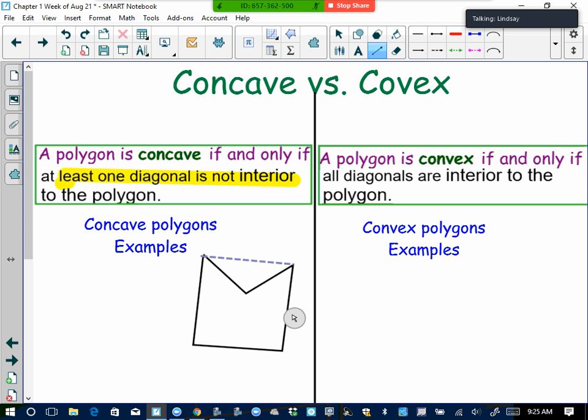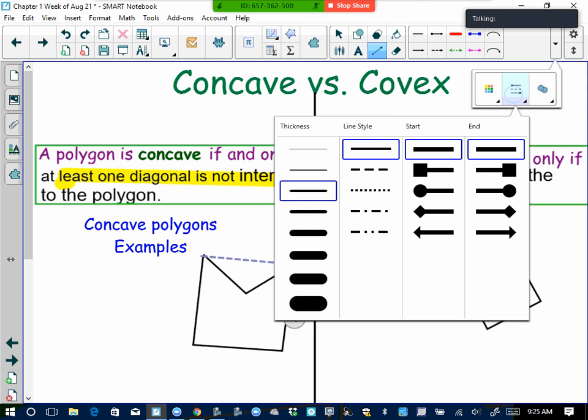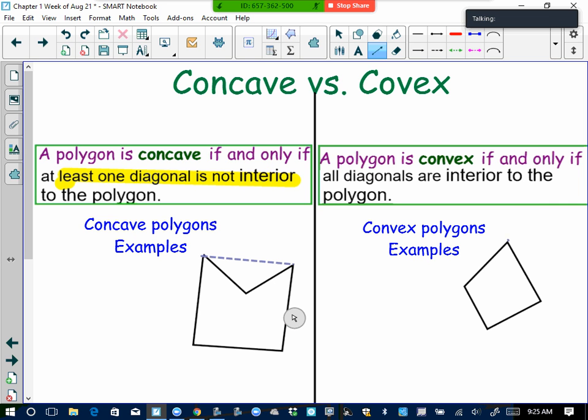So like if I have a convex polygon here, the diagonals, they're segments that connect vertices, but they don't connect vertices that are next to each other.